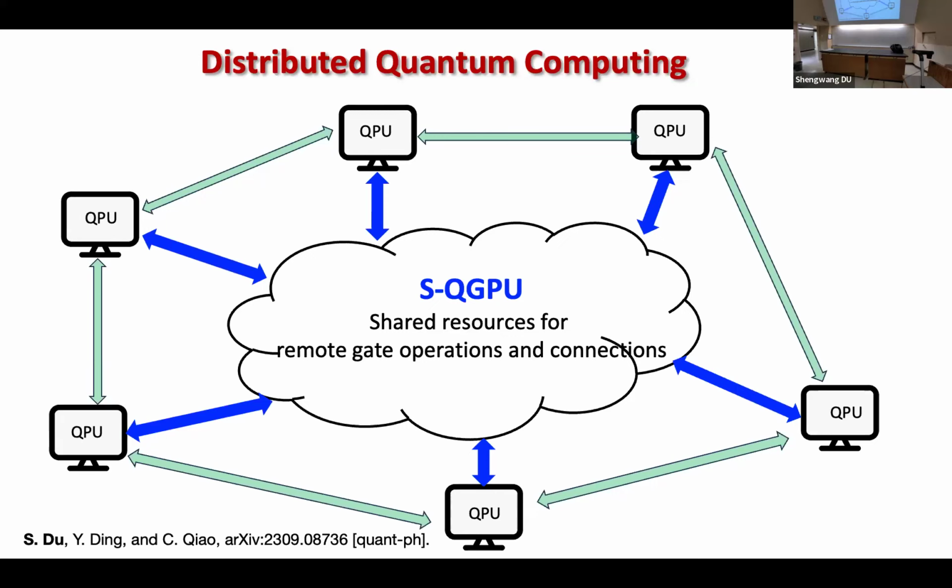You spend a few thousand dollars, you can buy one, and then you can connect them together. Also, hopefully we have some shared cloud resource. Nowadays we all connect to the cloud. For example, ChatGPT is not directly running on your computer. You access the cloud service, and it provides everything. So this is my dream about distributed quantum computing.